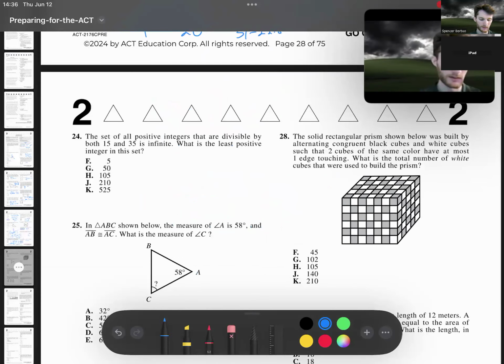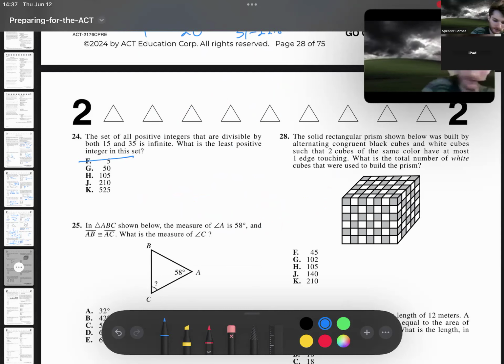The set of all positive integers that are divisible by both 15 and 35 is infinite. What is the least positive integer in this set? Well, it has to be greater than 35. No, it has to be 35 or greater. So it's not that.